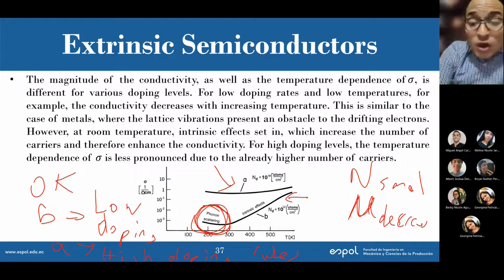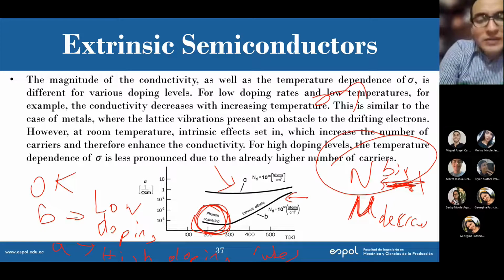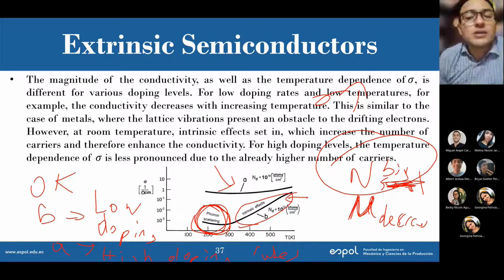And so N is not going to be small anymore, even if I have a low doping rate. Because remember, intrinsic effects don't depend on doping rates. They are intrinsic, right? So N is actually big now. And yes, mobility will decrease for sure. But now this effect is bigger, and therefore conductivity will increase. And that's why you see now an increase in conductivity. Is it clear now or not? Yes. Okay. Now it's clear. Thank you. Cool.